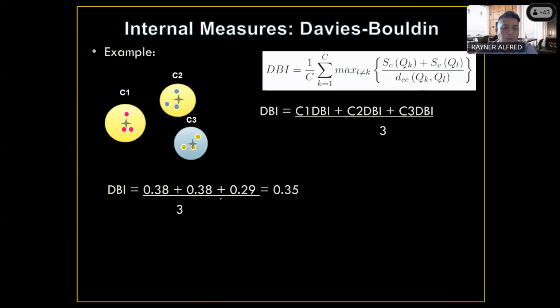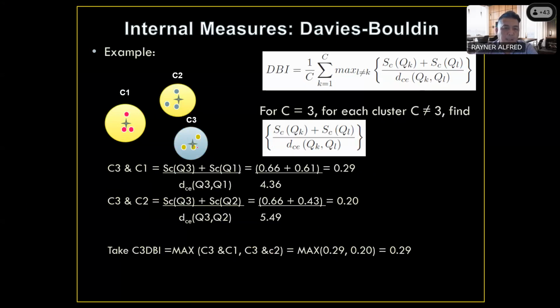Okay, and then next one will be the cluster 3 here. Okay, so for cluster 3 and 1, we get 0.29. Cluster 3 and 2, we get 0.2. Okay, so we take the worst scenario, so we will take 0.29.